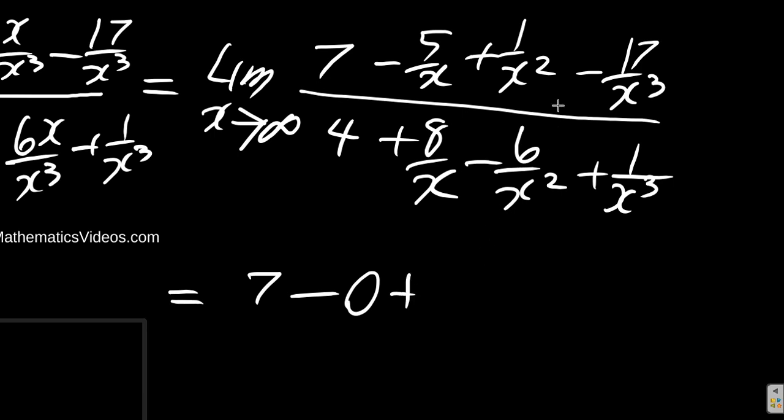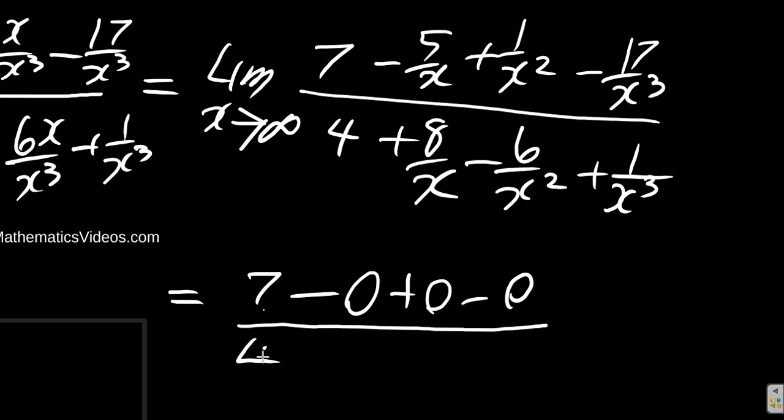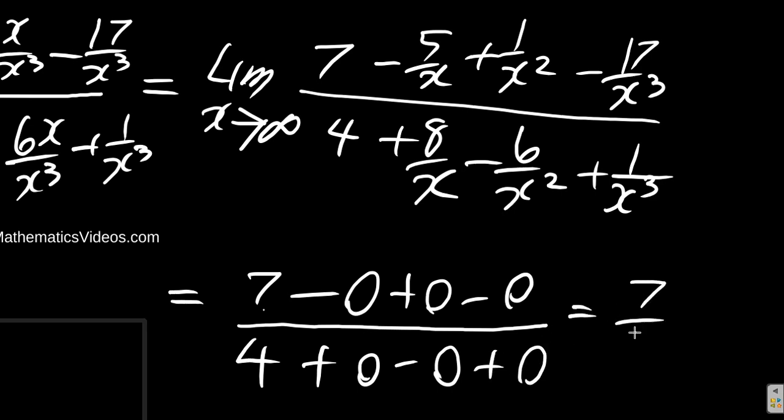Plus 1 over infinity squared is 1 over infinity, which is 0, minus 17 over infinity cubed, 17 over infinity, which is 0, divided by 4 plus 8 over infinity, which is 0, minus 6 over infinity squared, which is 0, plus 1 over infinity cubed, which is 0. So it all boils down to 7 over 4. 7/4. You see that?